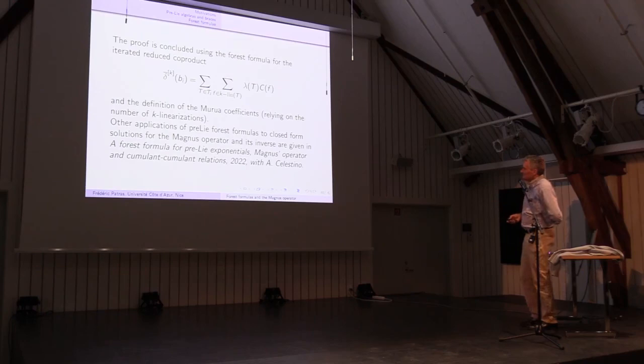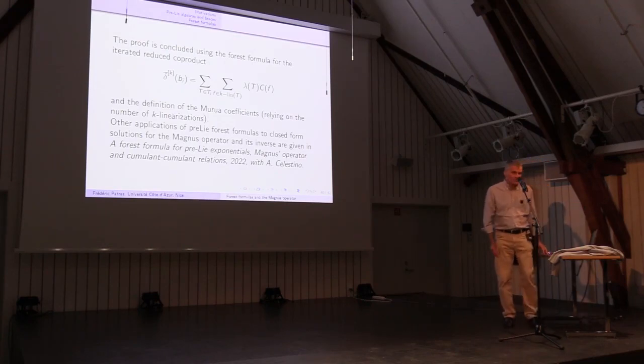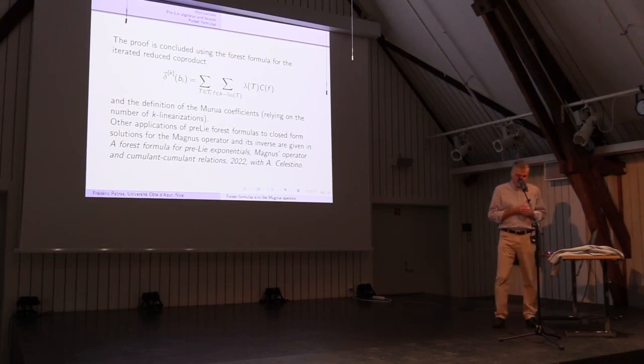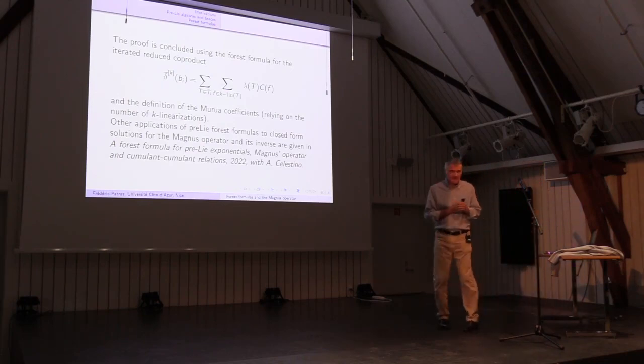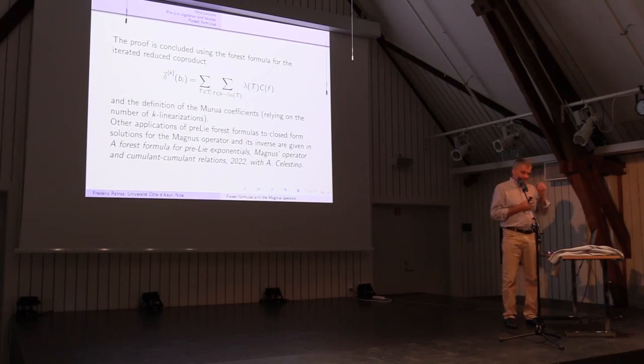So this explains in abstract terms, or group theoretical terms, or Lie algebraic terms, if you want, why these formulas appear when you try to solve the Baker-Campbell-Hausdorff problem, typically in the continuous case using the Magnus approach.